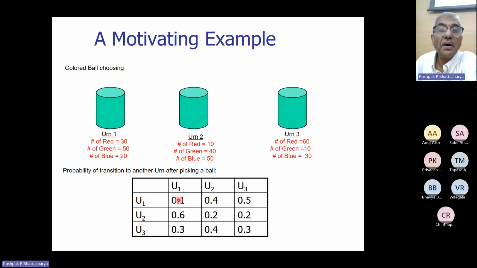So probability of U1 given U1 plus probability of U1 given U2 plus probability of U1 given U3 need not be equal to 1, because each cell is defined as the probability of the next urn given the current urn.